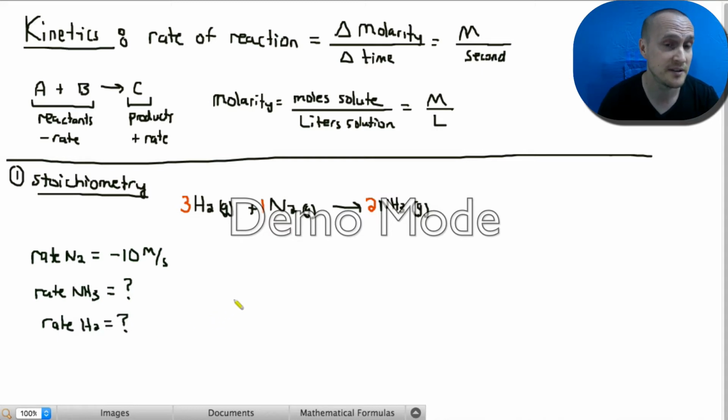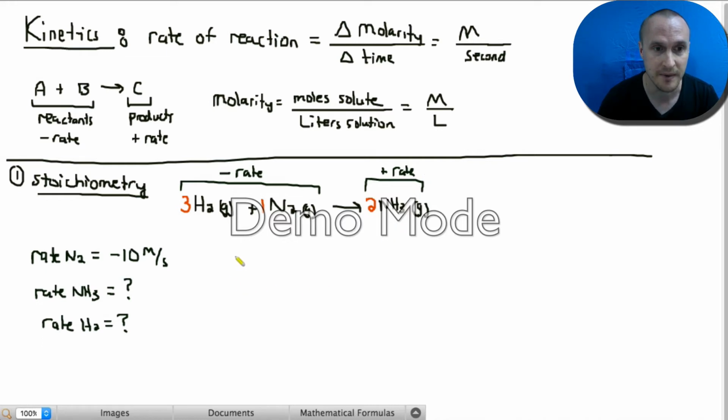We can use very simple stoichiometry, but let me remind you that when you have a reactant reacting, it's always a negative rate and forming is always positive. So we're going to do the calculations without the positive or negative. We're just going to do them with the numerical value.